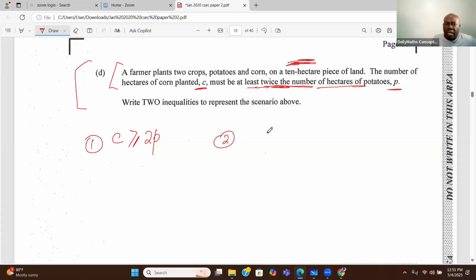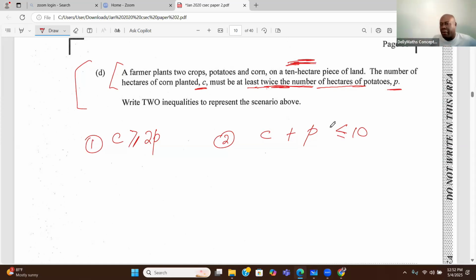The land for corn plus the land for potato must be less than or at most equal to 10. Because we can't go 11. We can plant up to 9 though. We can plant 8. We can plant 1. We can plant none. We dare not plant 12. We don't have that space. So I have to go less than or at most 10.